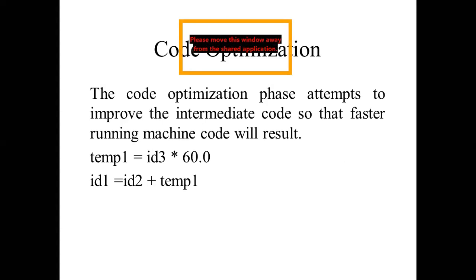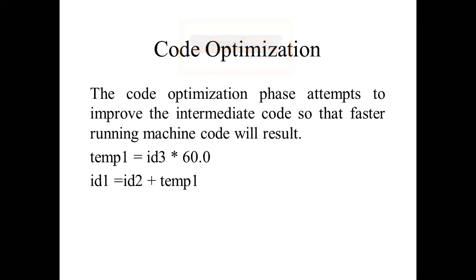So we apply code optimization. In code optimization, our target is to reduce the number of lines. And how can we reduce the number of lines of the program? Just by removing or deleting the redundant expressions.